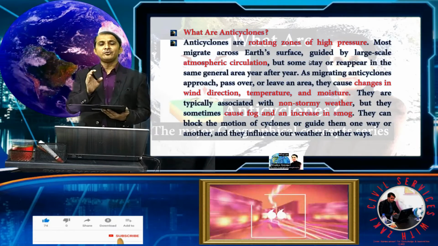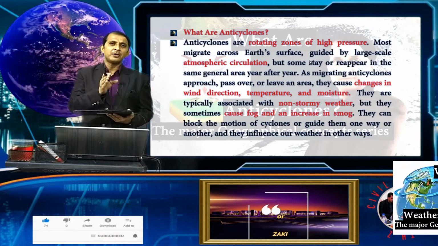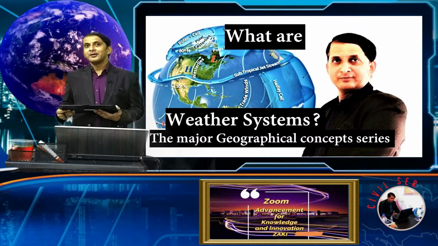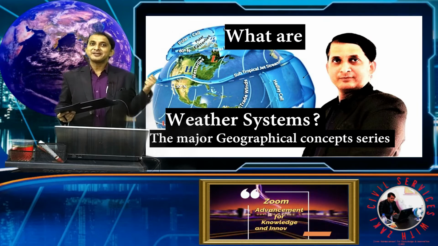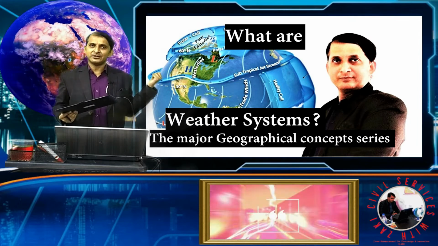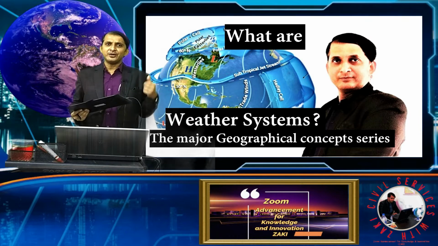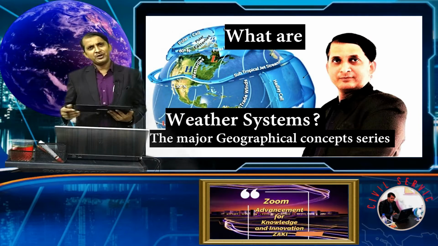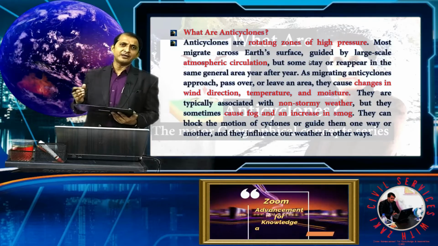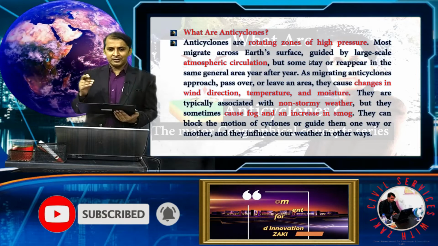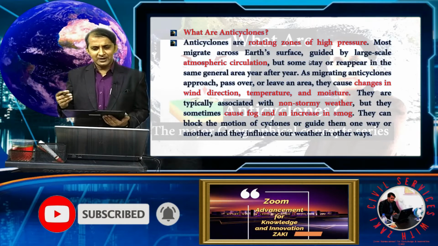If you want to know more about global circulation, you can watch my previous video on weather systems, where you can easily understand what a Rossby wave is, what a jet stream is, and the various cells like the Hadley cell, the polar cell, and so on. Now we move forward.